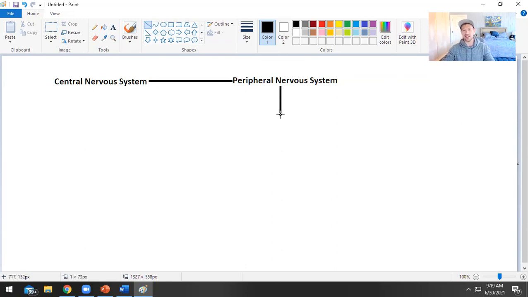And then this is going to divide down a little bit into two other divisions, which are the two parts of your nervous system that are either automatic or under voluntary control. Like I'm voluntarily choosing to speak right now, but again, my heart is not under my control, right?